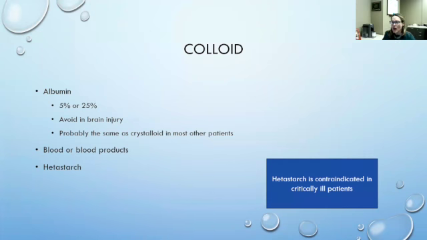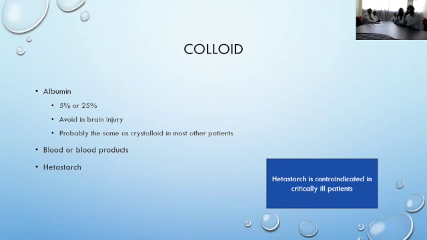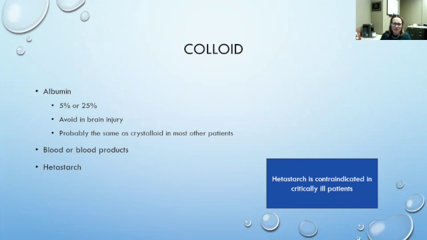The most common colloid we use here is albumin, which comes in 5% albumin or 25% albumin. It's very expensive, and it's almost always the same as using crystalloid. So if you're thinking, is this appropriate or not? It's almost never the wrong answer, and the only thing is that it costs more.